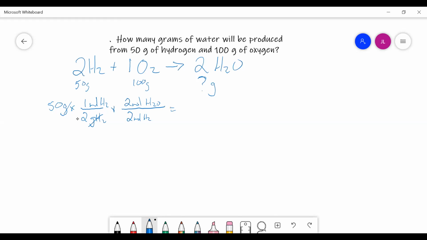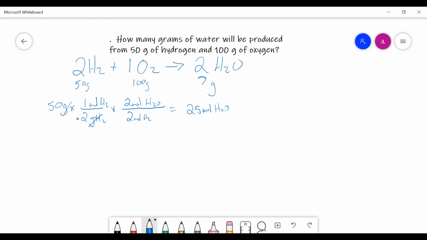And that's going to give me 50 divided by 2 times 2 divided by 2, which is just like 1. So we're going to have 25 moles of H2O. Now you notice I didn't go to grams yet because oftentimes it saves a step by just stopping here.